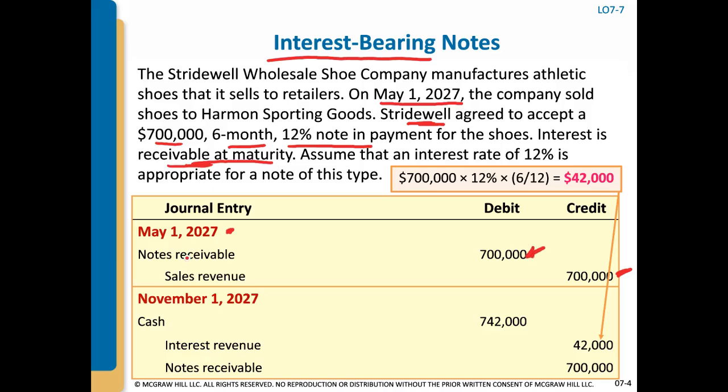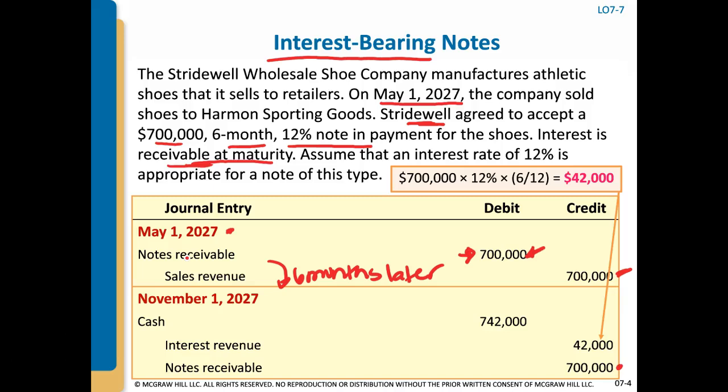That was in May. So fast forward 6 months later, the note is due. The note was $700,000, so we debited notes receivable in May. We have to credit notes receivable when it's paid off.